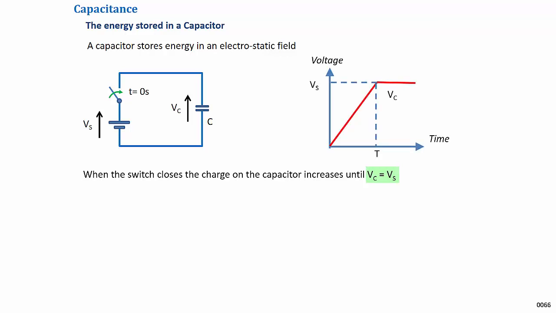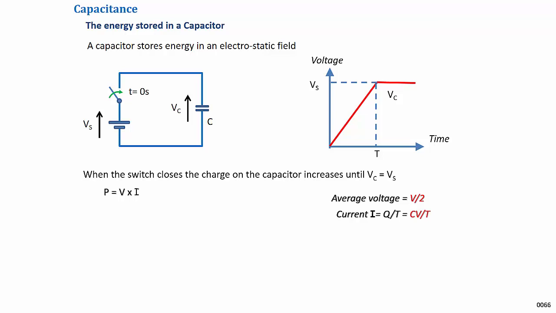Looking at the chart, this process happens over a period of time t seconds. The power consumed over this time is given by the formula P equals V times I. However, the average value of voltage across the capacitor during that time will only be half the supply voltage, so V will equal V divided by 2.